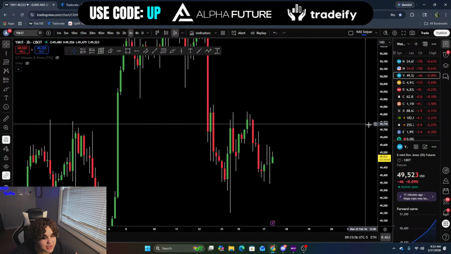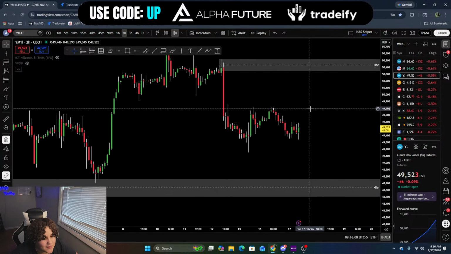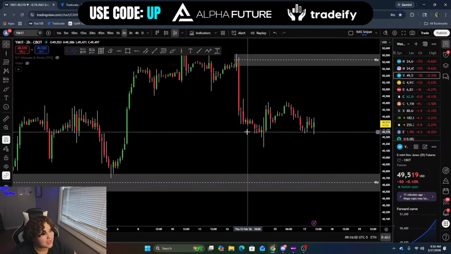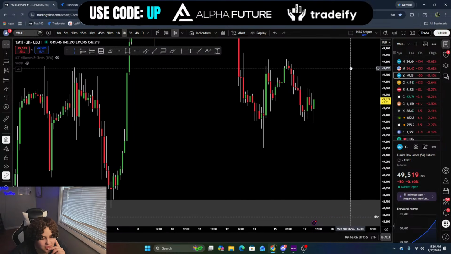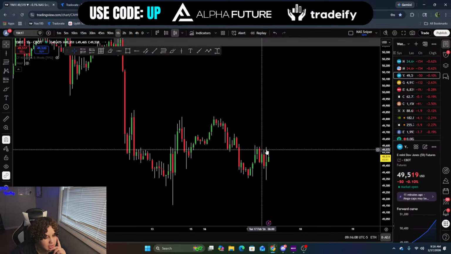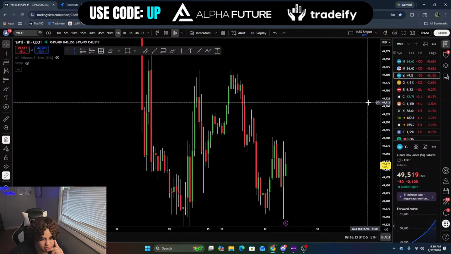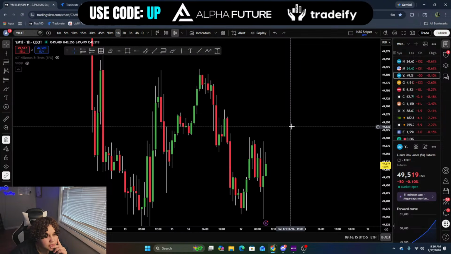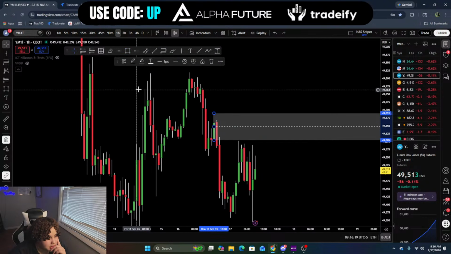Let's see if there's any good zones, first of all. Not seeing much, at least close to price. 1 hour time frame. Okay, this could be a 1 hour supply zone.